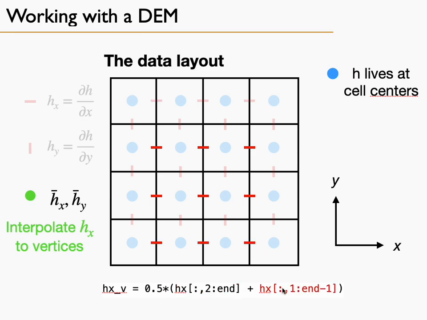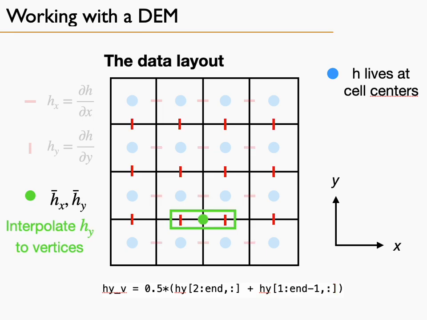The second part has all the indices in x, but in y it starts from 1 and ends at end minus 1. So we take from index 1, we reach the end of the array minus 1. That defines this part of the array hx. So the sum of these two arrays divided by 2 will give us the interpolated value of the slope hx at the vertices.